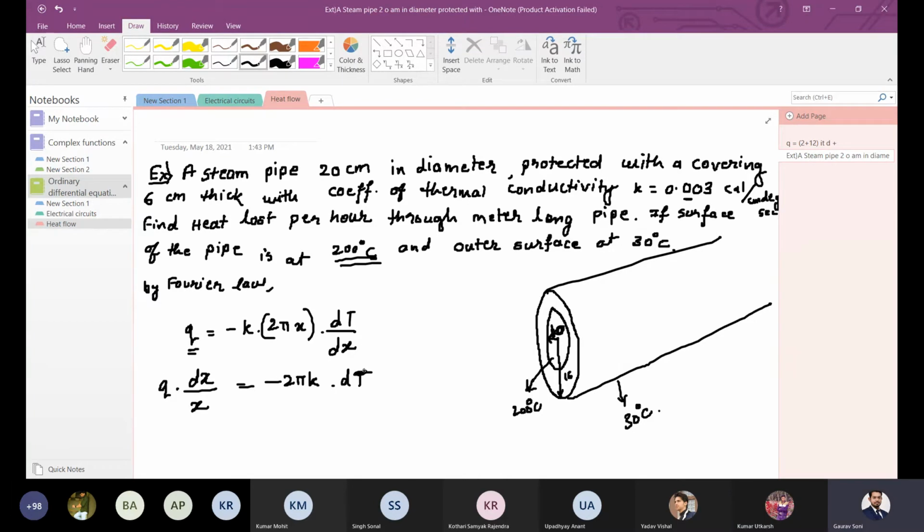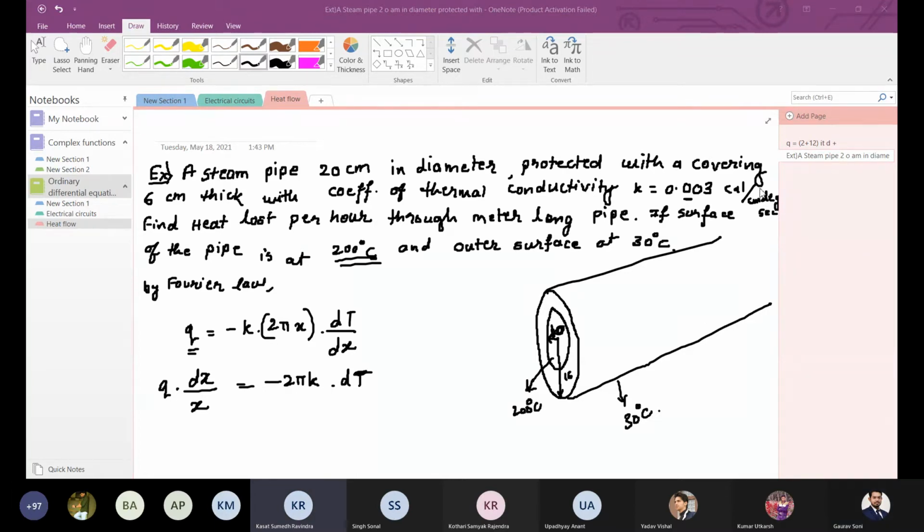So now answer my question. How can we solve this? It is easy. We have to do reverse integration on both sides, because the integration of dx by x will be in log.